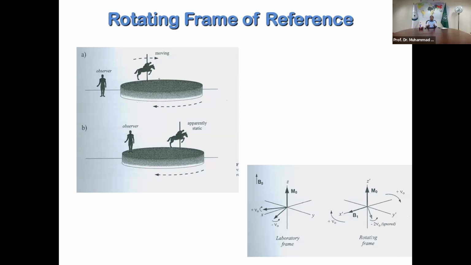But more importantly, you need to understand that only in a rotating frame of reference would you be able to see the relative movement of these signals. If you're outside the frame of reference, you will never be able to see that.